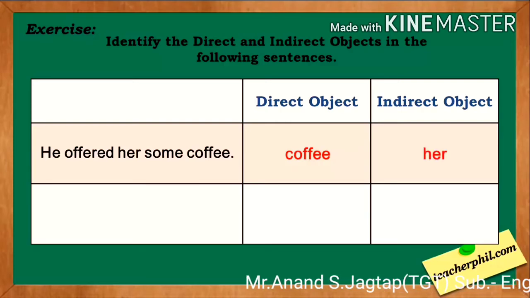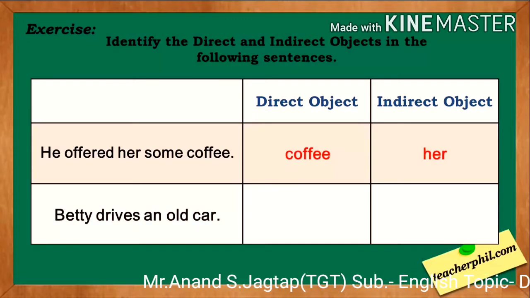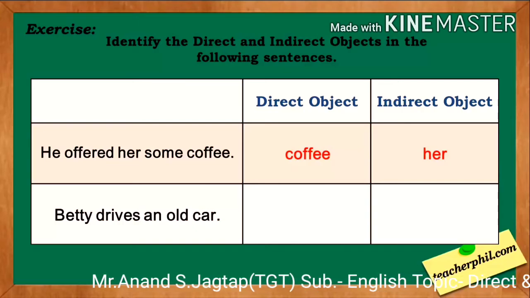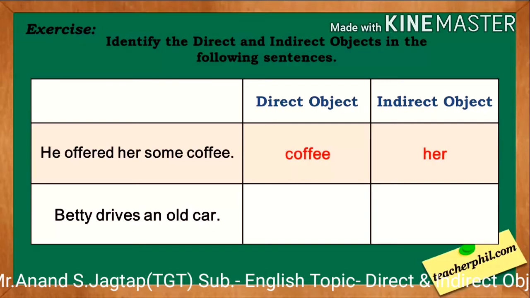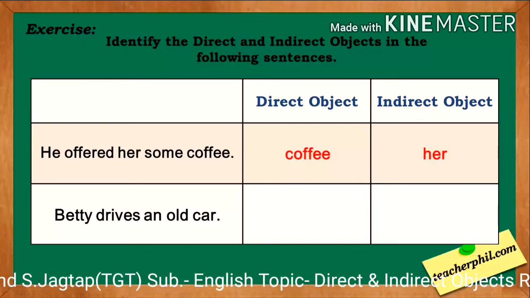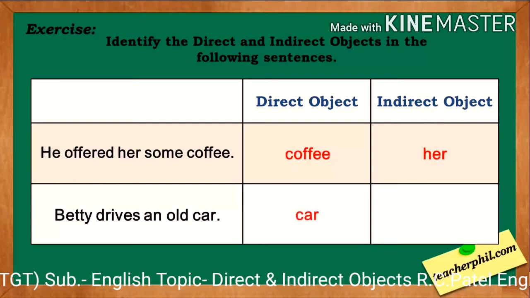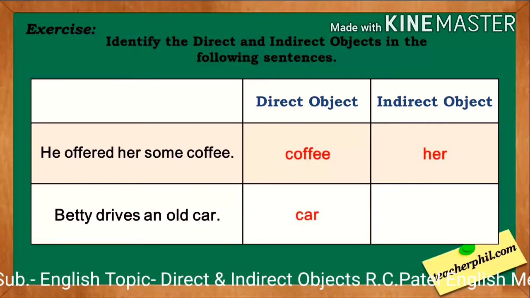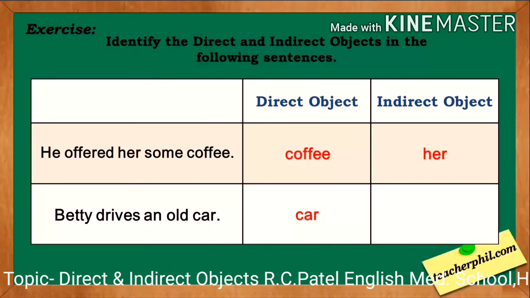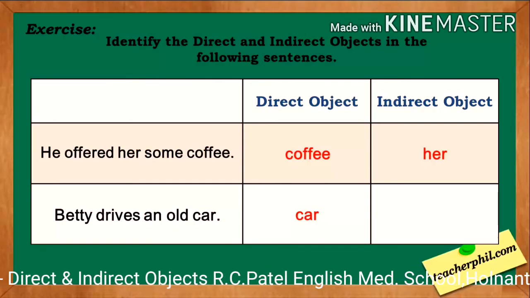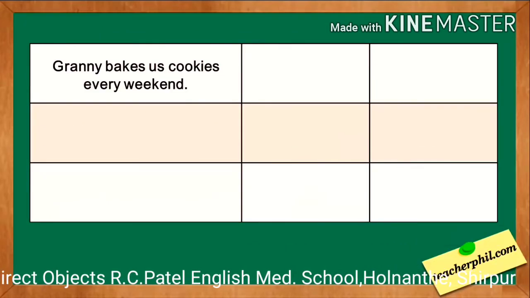Next, Betty drives an old car. Here the direct object is car, and the indirect object is blank. Why? Because there is no indirect object in the sentence. This sentence has one object only, and that is direct object.